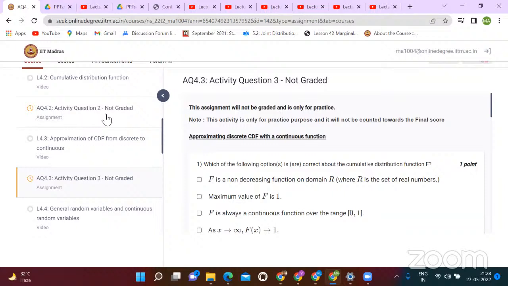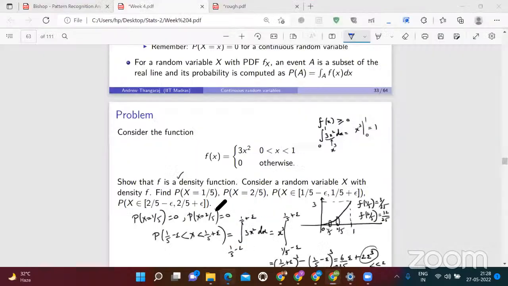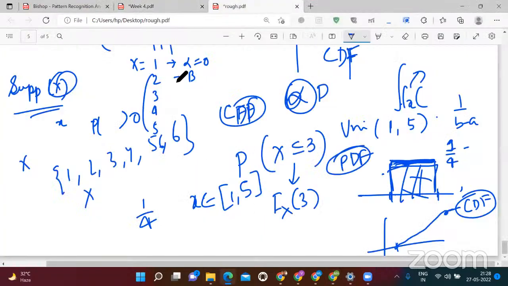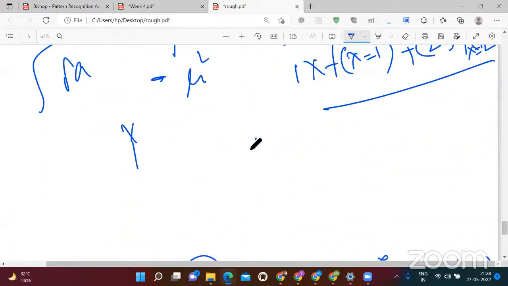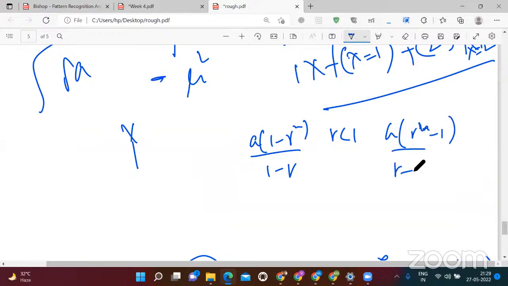Either way the minus sign will be there. Both the numerator and denominator will change. One formula is a into 1 minus r to the n over 1 minus r, if r is less than 1, and the other is a into r to the n minus 1 over r minus 1, if r is greater than 1.